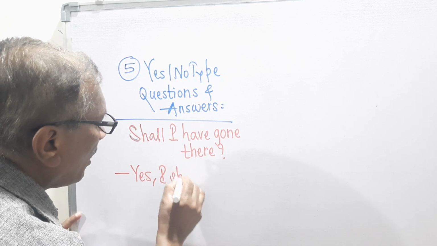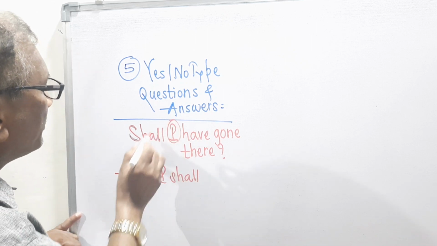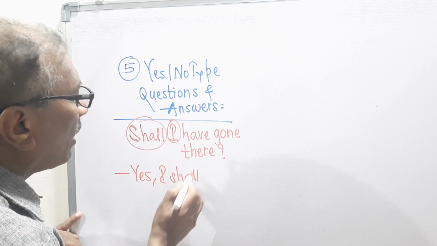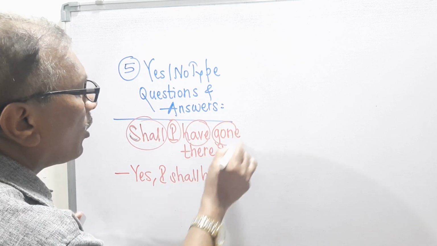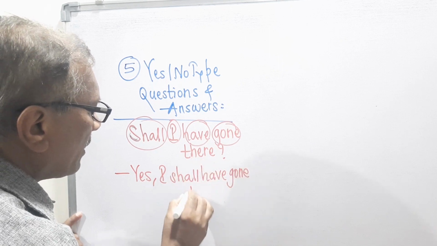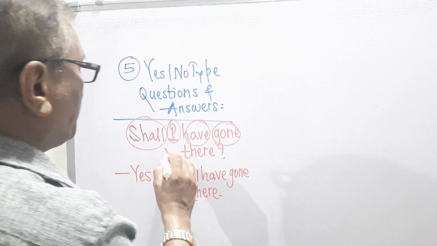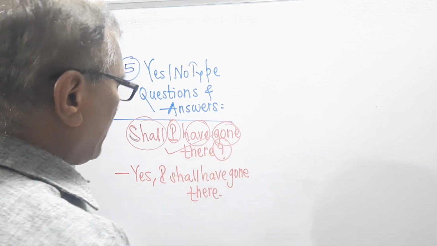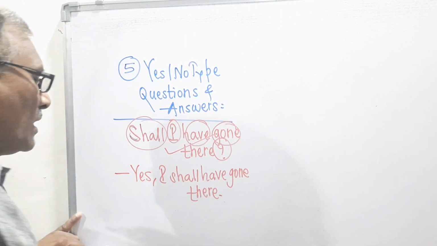I shall. Yes, I shall have gone there. Remember, this is the question, so here is the question mark. This is the simple sentence, so there is the full stop.